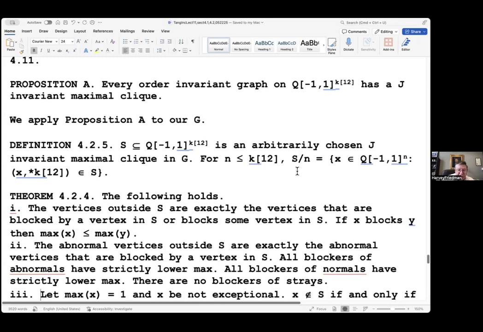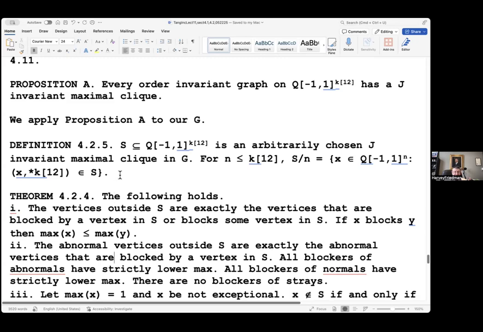We have to take pieces of this invariant maximal clique S. The set of all X such that when you extend X, you get S. In other words, it's the set of all, let's say, 5 tuples, such that if you repeat the last term, K12 minus 5 times, you get something that's in S. That's the dimensional restriction on S, okay?